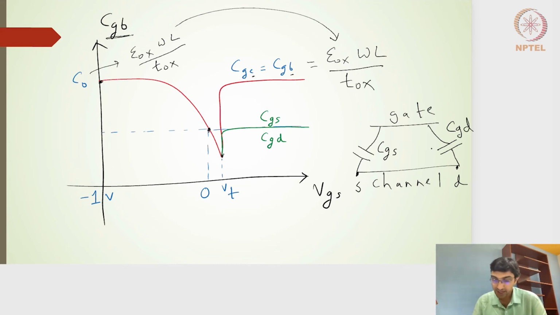This will be half of epsilon oxide WL by T oxide. So in the graph for CGS and CGD, only after the channel is formed, that is only after VGS passes the VT voltage, I'll get this to be half of C naught.